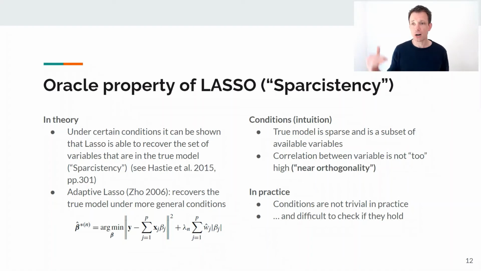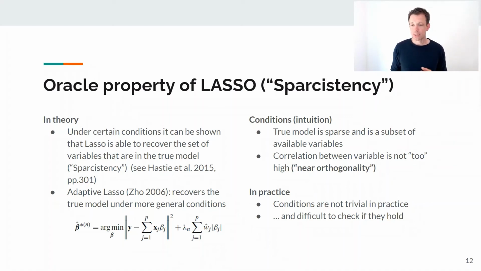So the bar is not very high, I would say. And additionally, it is difficult to check if this bar is reached in practice or not, because in order to check that, you would need to have the true set of variables which you want to discover in the first place. So in practice, even though these theoretical properties are really attractive, not only by the name, they are difficult to meet, and it's not possible to check these conditions.